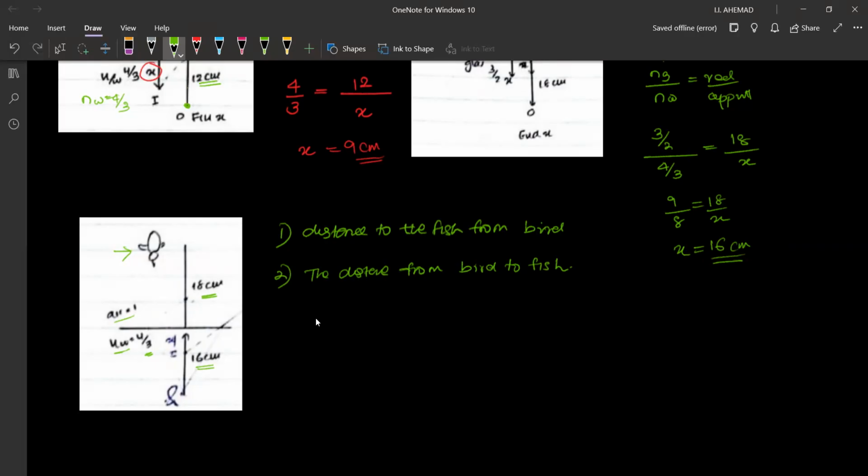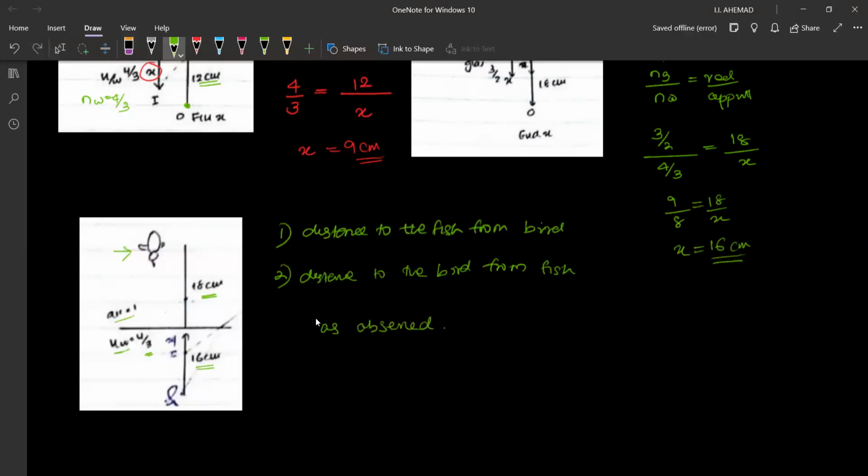Again, it's the same question, from fish to bird. I'll use the same sentence pattern: distance to the bird from fish as observed.